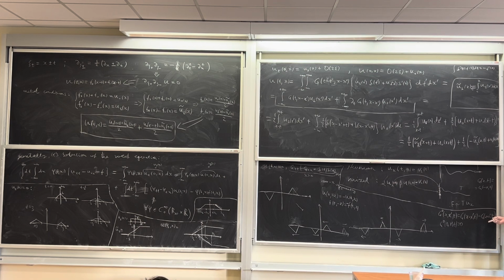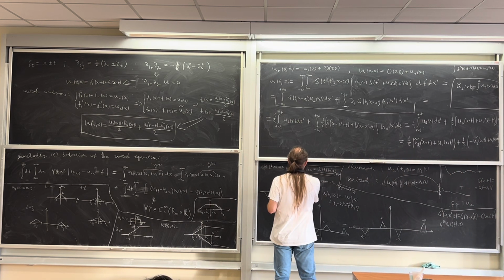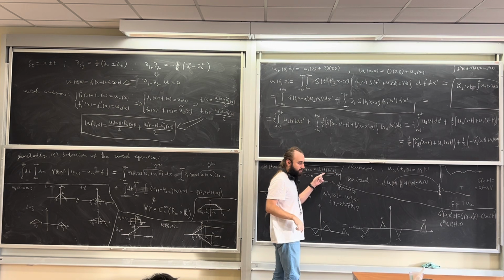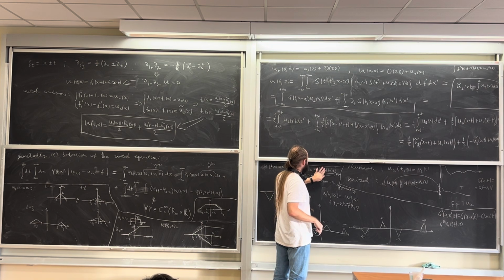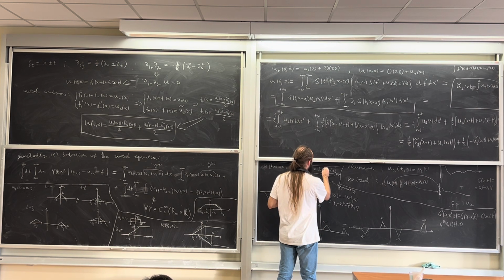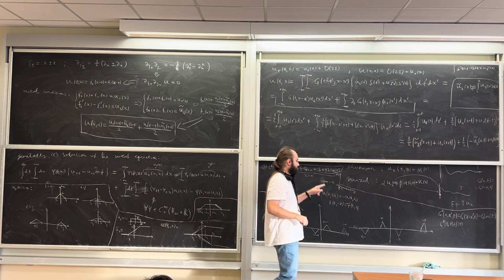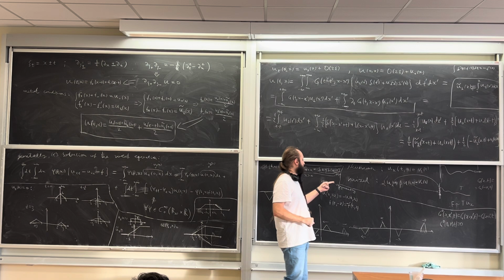And it solves this equation with delta functions in the right hand side because, sorry, here I should have written G of t minus t prime, x minus x prime. Because again, there is no translation symmetry.